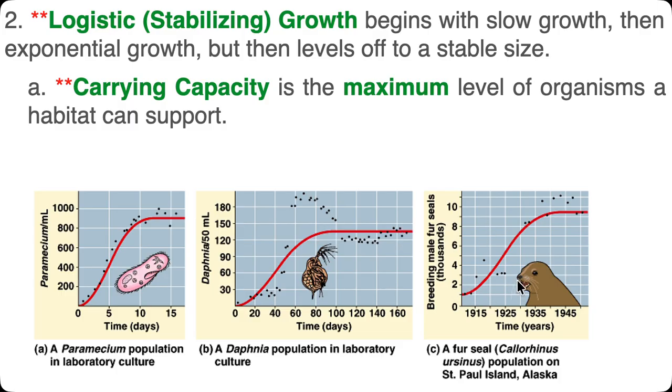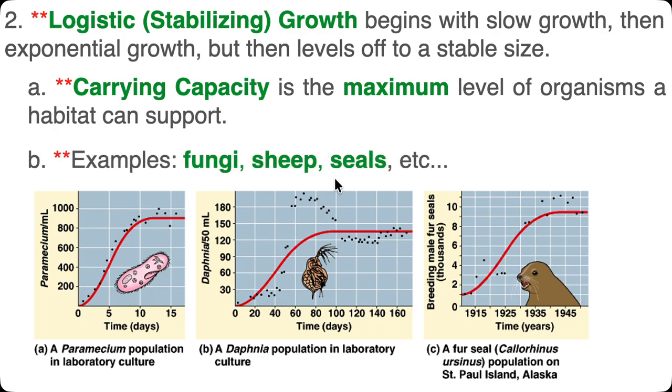Off of the coast of Alaska, it looks like there's enough resources and space for there to be about 9,000 male fur seals in that population. Fungi, sheep, seals, these are all different organisms that tend to follow logistic or stabilizing growth.